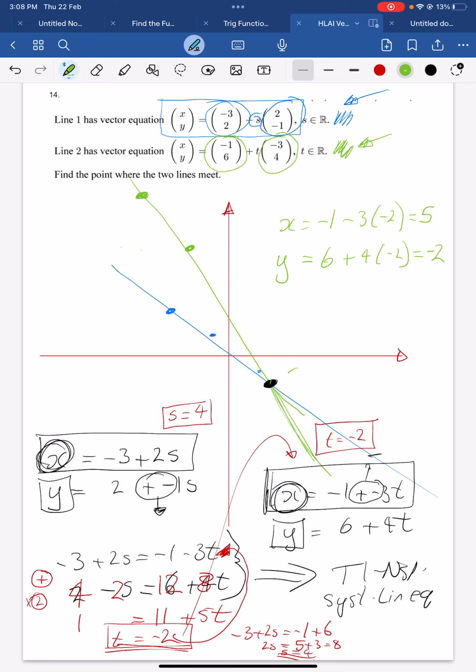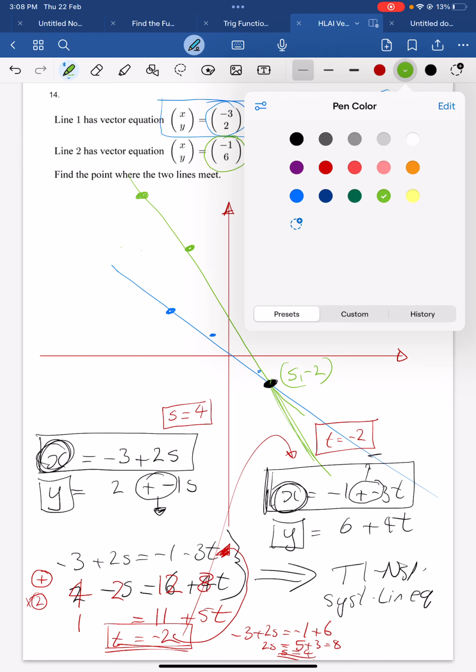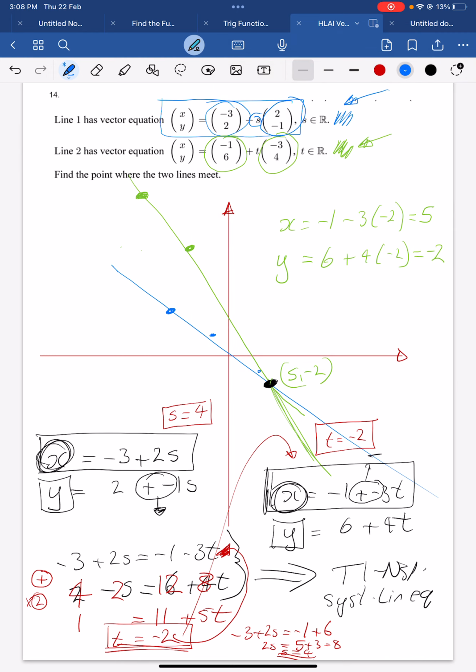So this is at 5, -2, according to the green. Let's confirm it with the blue. Over here, x equals -3 plus 2 times the s value, which was 4, and y was equal to 2 minus s, 2 minus 4. And again, you can see here that y equals -2, and here x is equal to 5, all right?